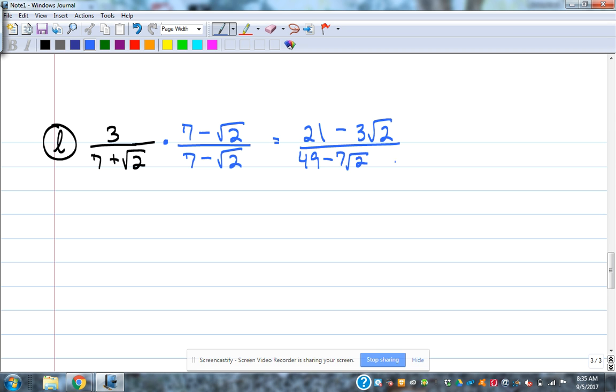And then plus square root of 2, so plus 7 square root of 2 minus the square root of 4. What happens to those middle pieces that have the square roots in them? They cancel each other out. They go away. What do we know the square root of 4 is? We know that that's 2. So 49 minus 2 would be 47.